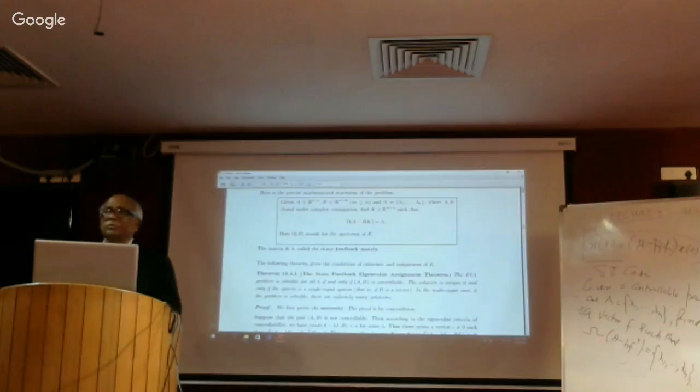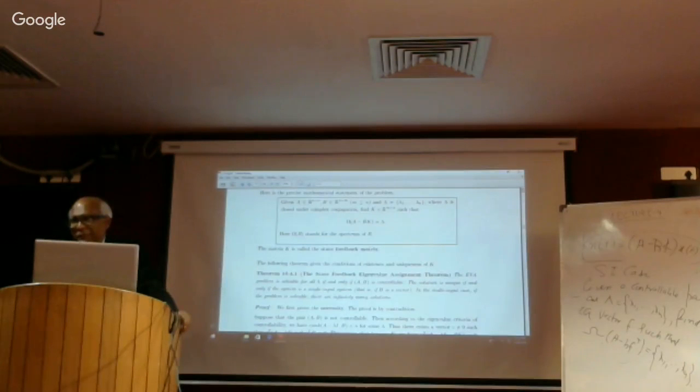Otherwise, the solution doesn't exist. The eigenvalue problem has a solution if and only if the system is controllable. The only role the eigenvalues of the matrix A have is that all the modes have to be controlled.